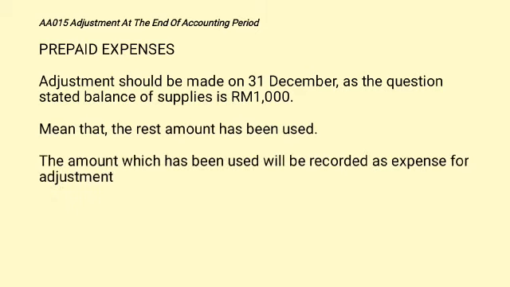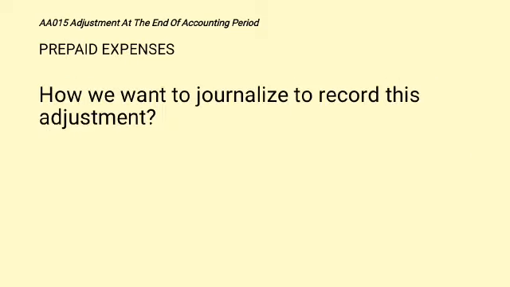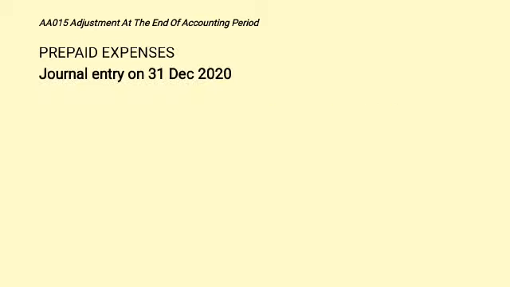The amount used will be recorded as an expense for adjustments. So, supplies account RM2,500 minus RM1,000 gives supplies expense of RM1,500.